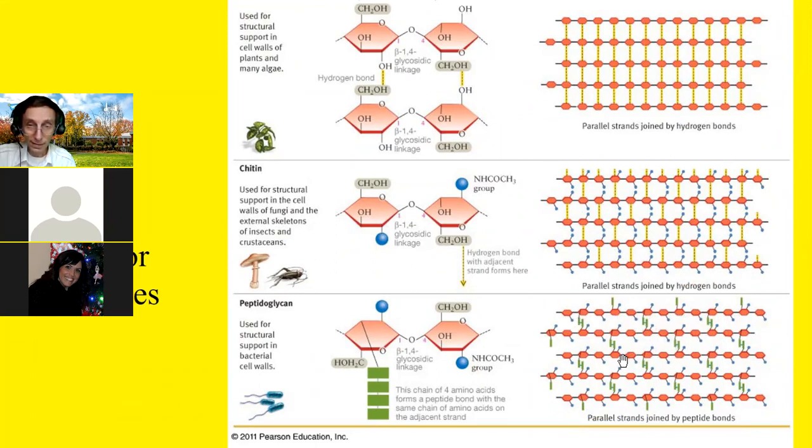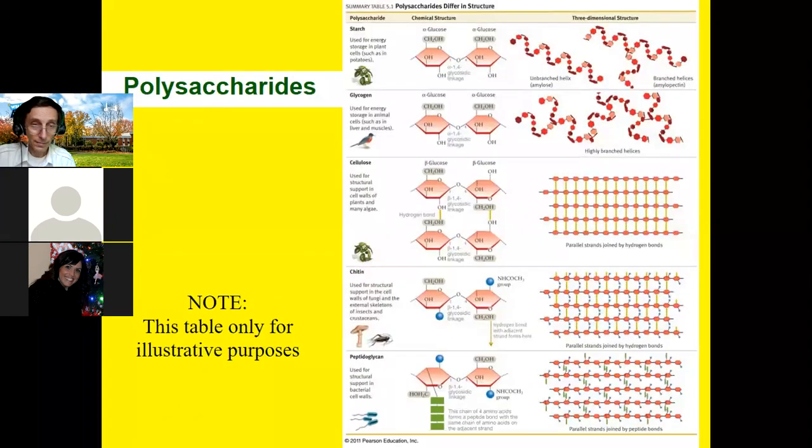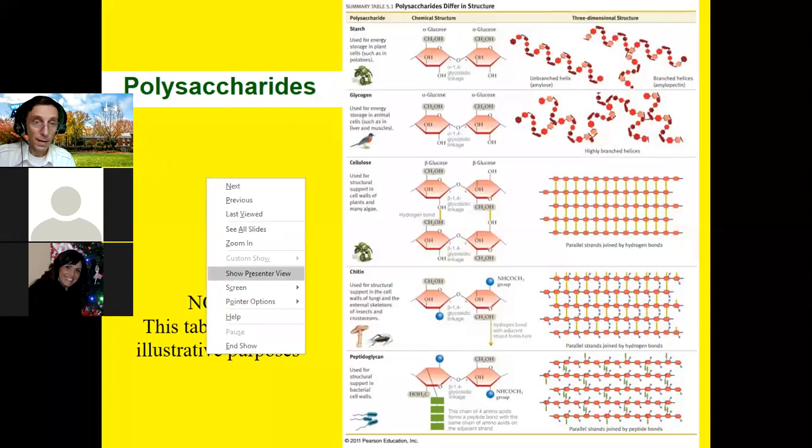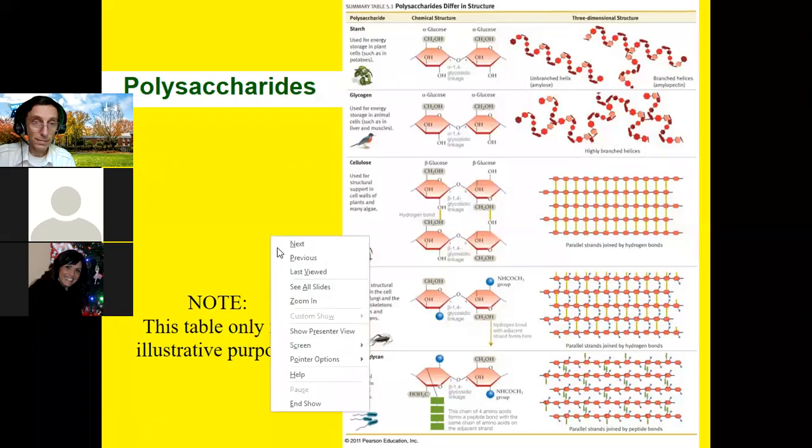But they have cross links, which might be shown in blue and green, which are peptides, linking the sugar moieties together. And peptidoglycan is a molecule we'll talk about when we're talking about the cell wall of bacteria.